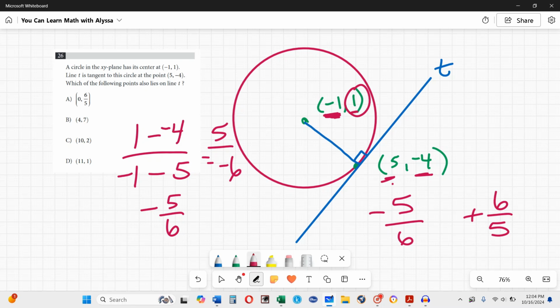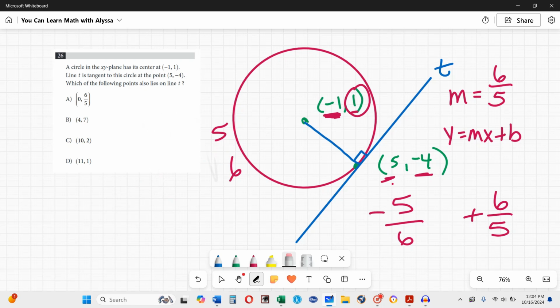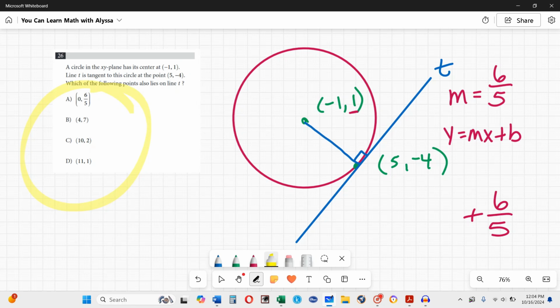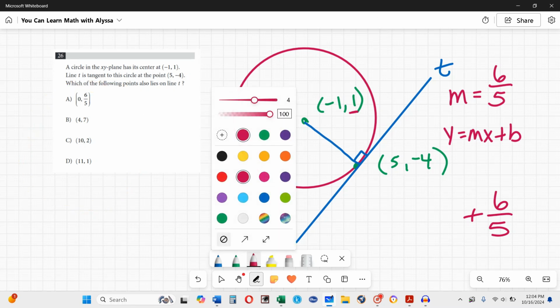Okay, so now I know that the slope, m, in our y equals mx plus b slope intercept form, because that's what I'm going to use, is 6/5. Okay, so now how do I find the equation of this line? And why am I doing this? The equation of a line, then I can determine which point is on that line. But I need that equation for that line first.